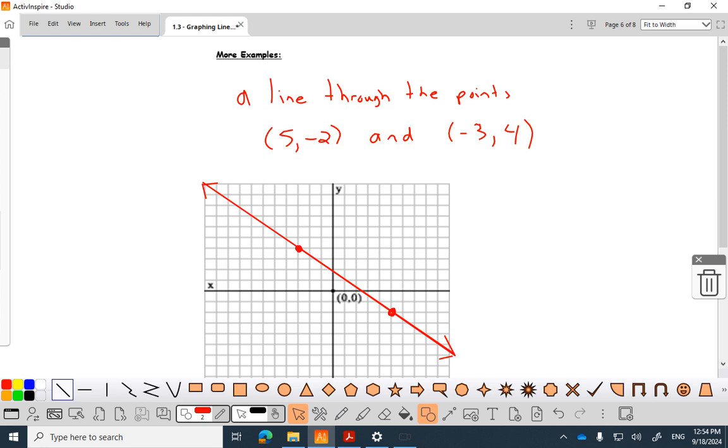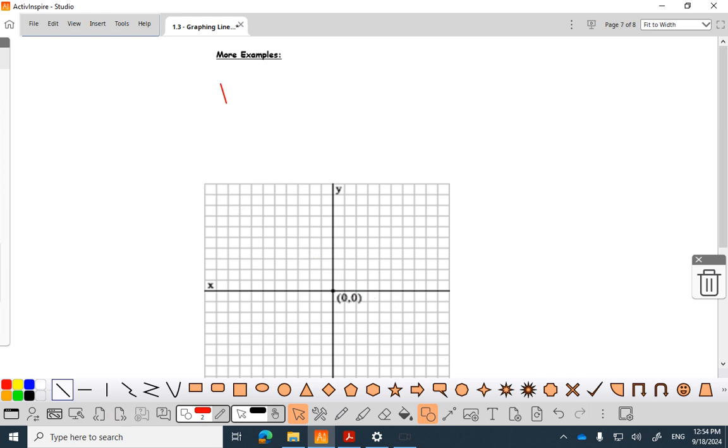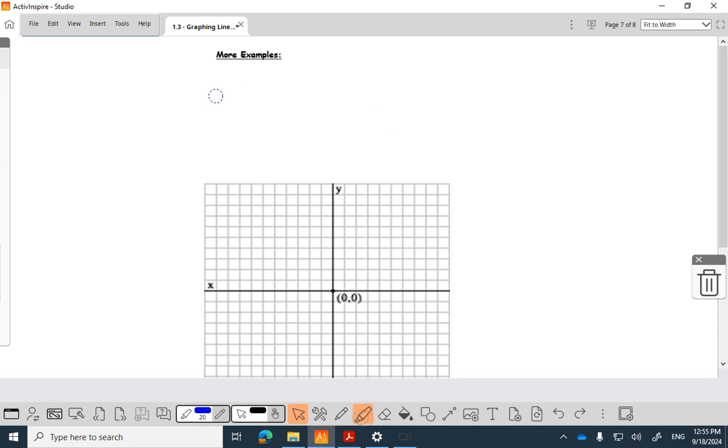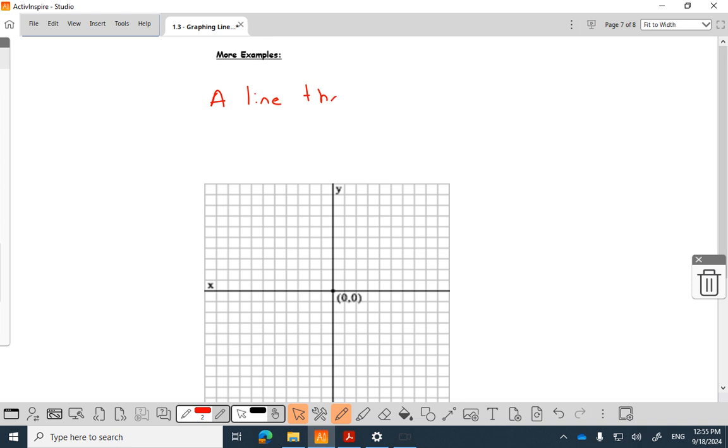Okay, now one more hard one to finish up with. Let me look at the homework. Is there anything in here? Yeah, okay. A line through the origin with slope 3/8.